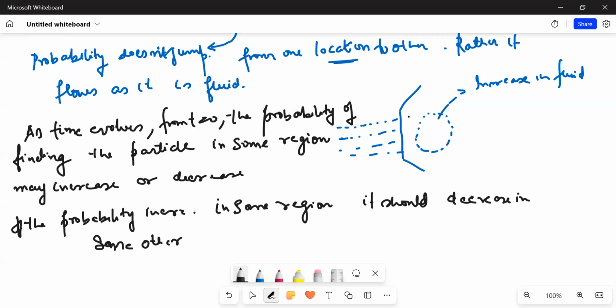If there is an inward flux, there must be an area from where this flux is getting released. So it should decrease in some other region. Why?